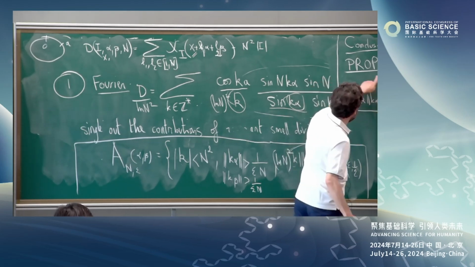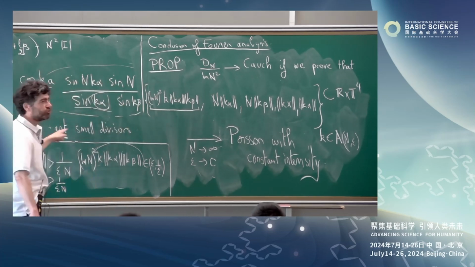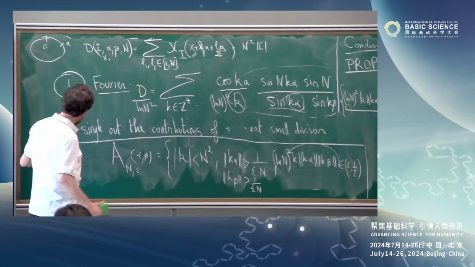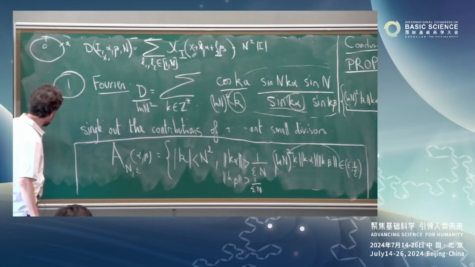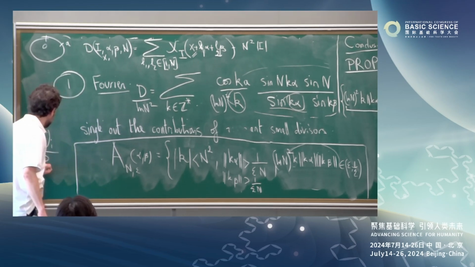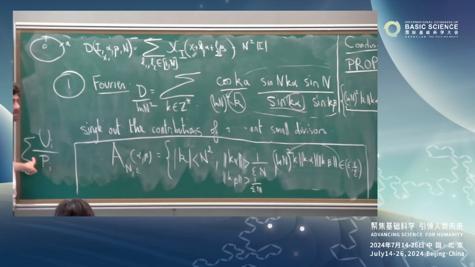If you show that this denominator behaves like Poisson, this will behave like Cauchy. Why? Because if you take something uniformly distributed with average 0 divided by something distributed like Poisson, and you take the sum, this is going to be like Cauchy.